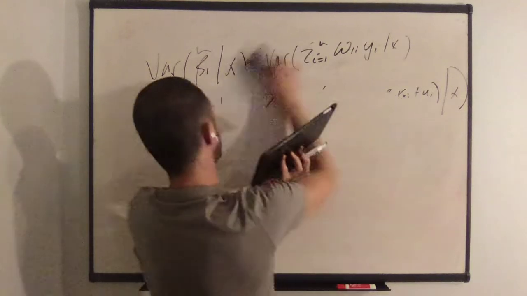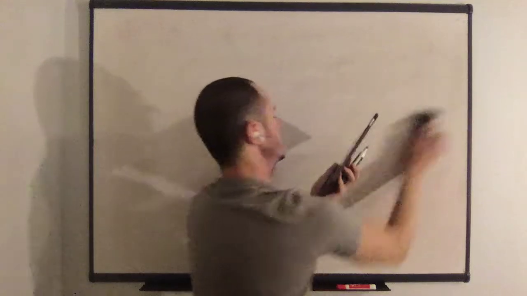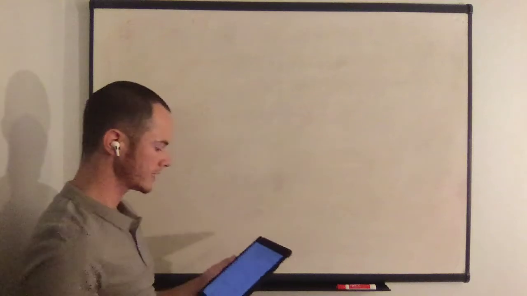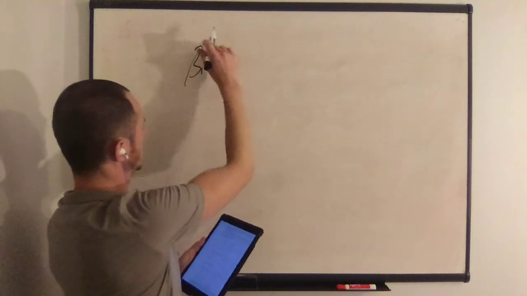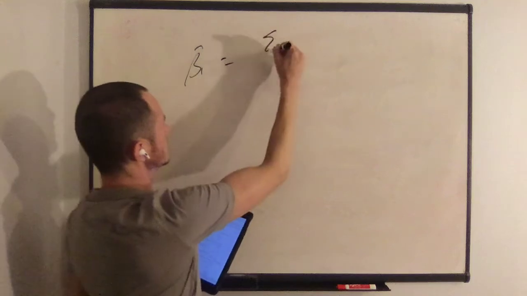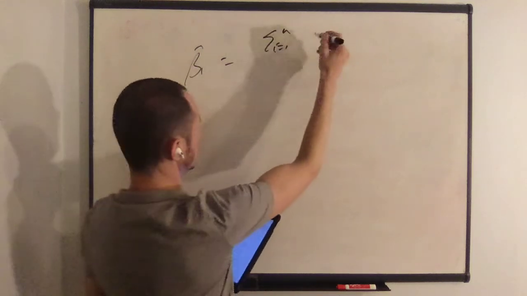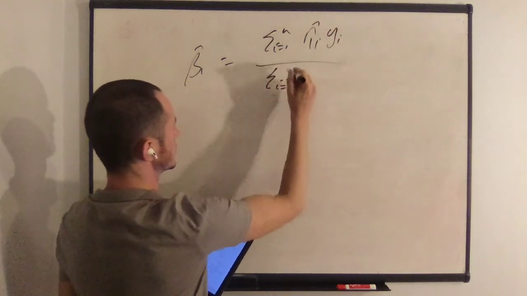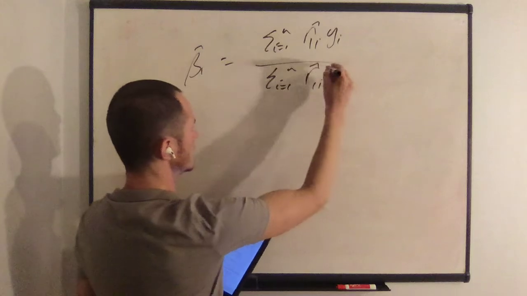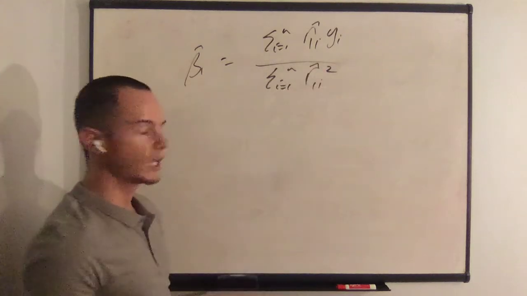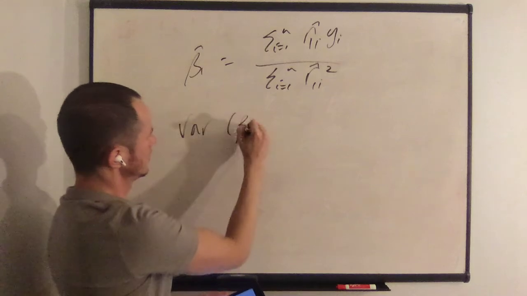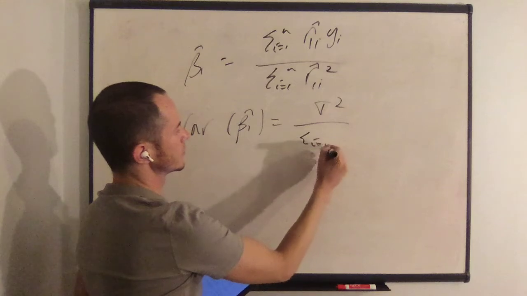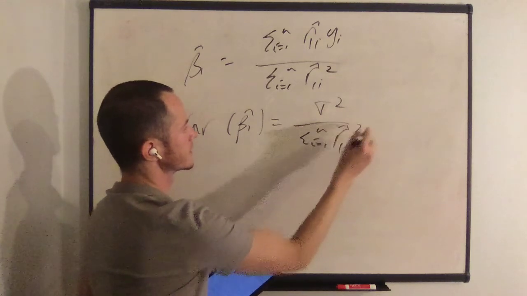And recall that we have previously expressed the OLS estimator, beta 1 hat, as equal to the sum from i equals 1 to n of r1i hat yi over the sum from i equals 1 to n of r1i hat squared, which implies that the variance of beta 1 hat is equal to sigma squared over the sum from i equals 1 to n of r1i hat squared.